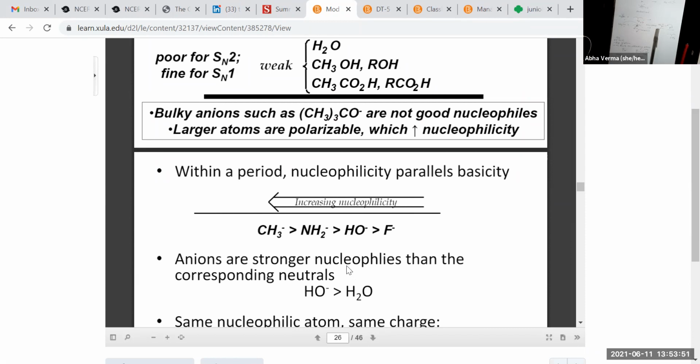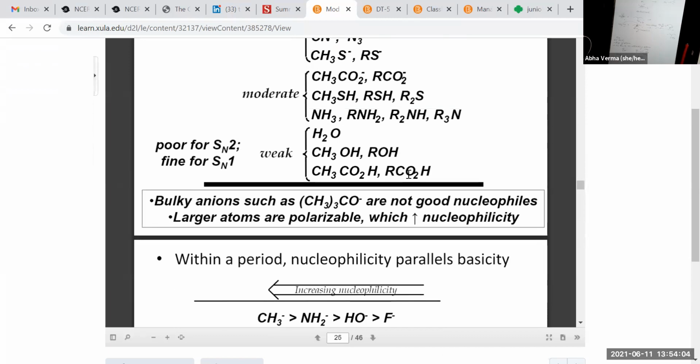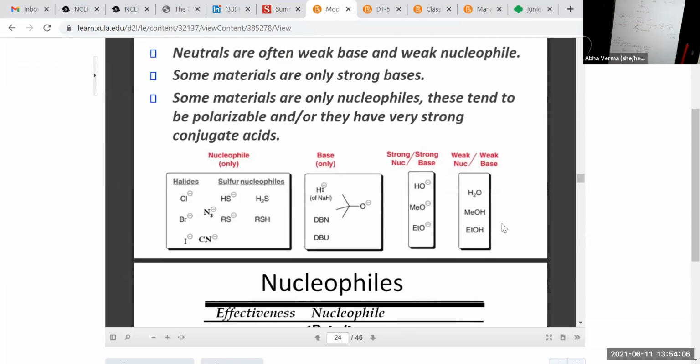So make sure that you read it better. Nucleophiles need to move and attack fast. So we always look at stronger nucleophiles. There are some of the groups which can act both as a strong nucleophile and as a strong base. But there are only few of these. We will look at other conditions also when we are looking at that.